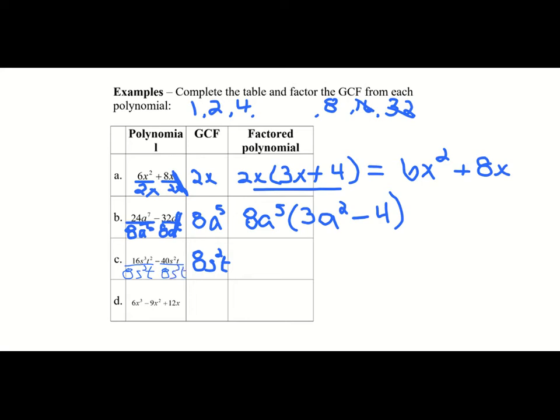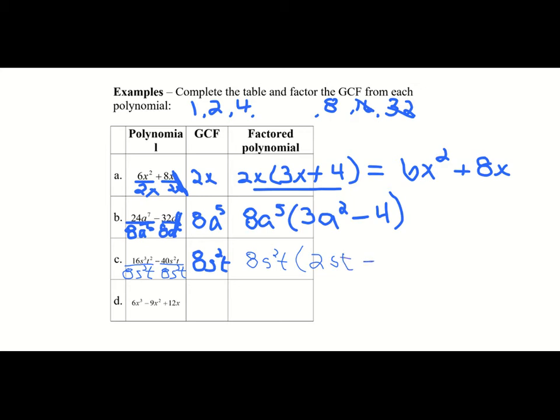Don't throw away your answer, so we're going to make it 8 s squared t times 8 goes into 16 2 times. s cubed divided by s squared is s. t squared divided by t is t.